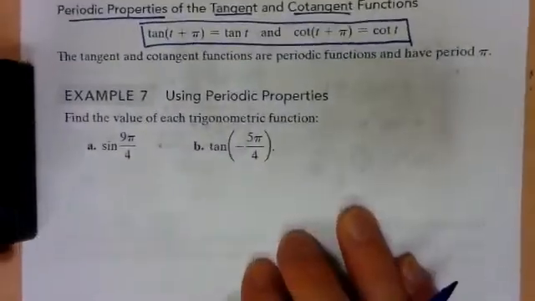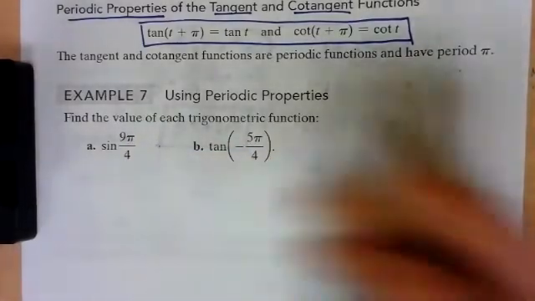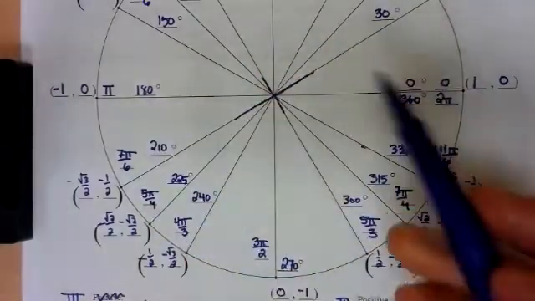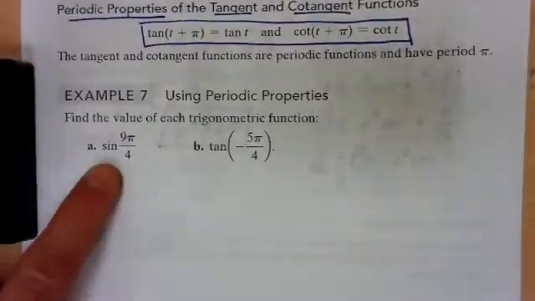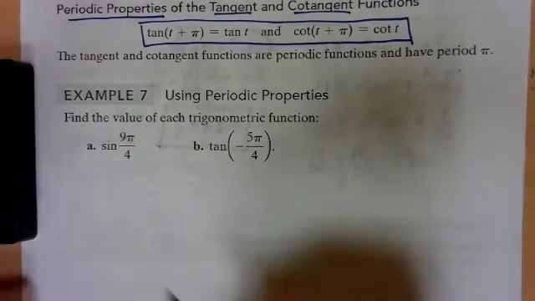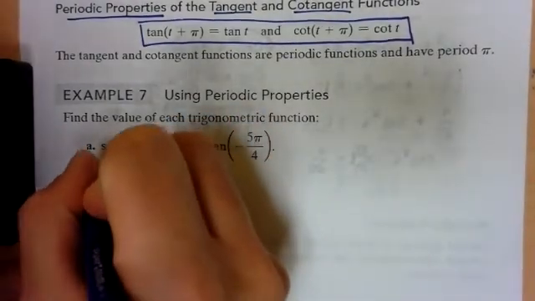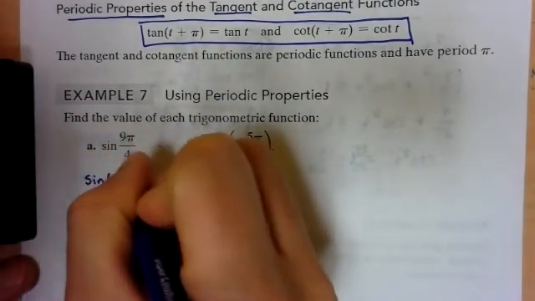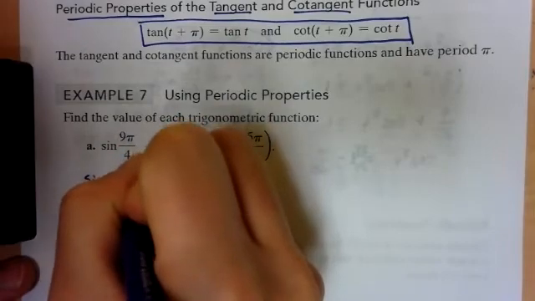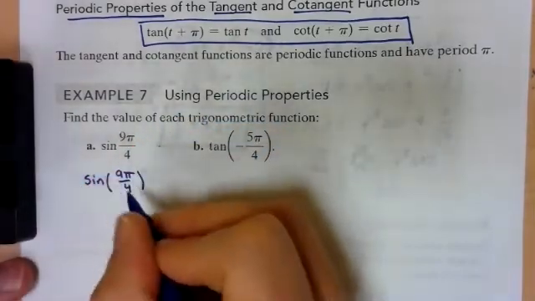This is useful because if we want to find the value of sine of 9 pi over 4, and you grab your unit circle, you're like, well, there's no 9 pi over 4 here. Well, let's figure out what 9 pi over 4 is if we take away that one rotation, that 2 pi. What does that get us to? So we can do kind of this fraction decomposition where we take 9 pi over 4 and we break it down into something smaller.